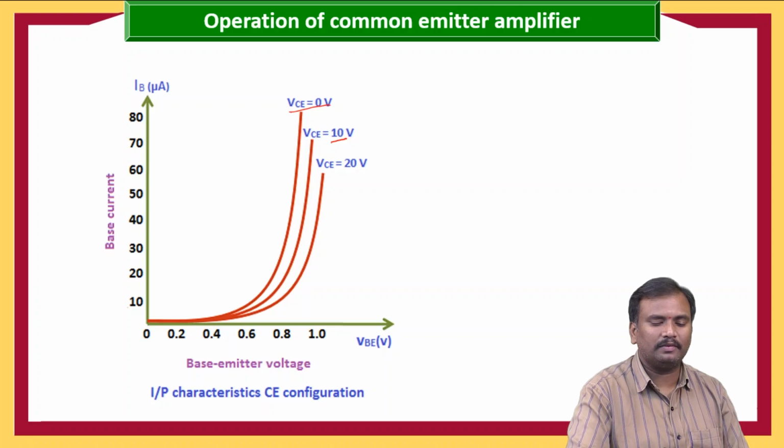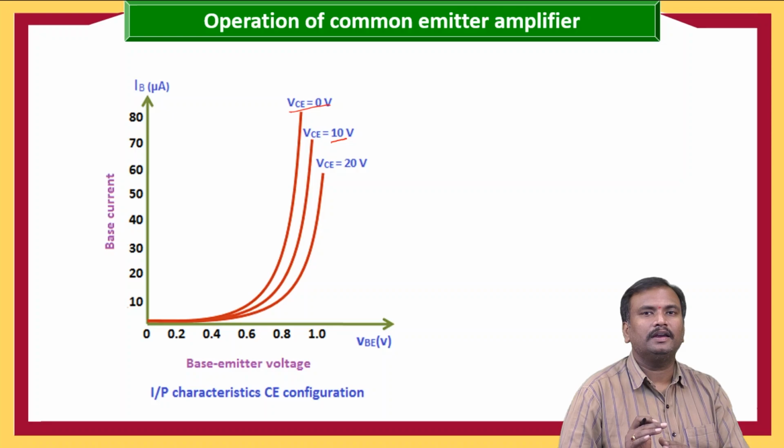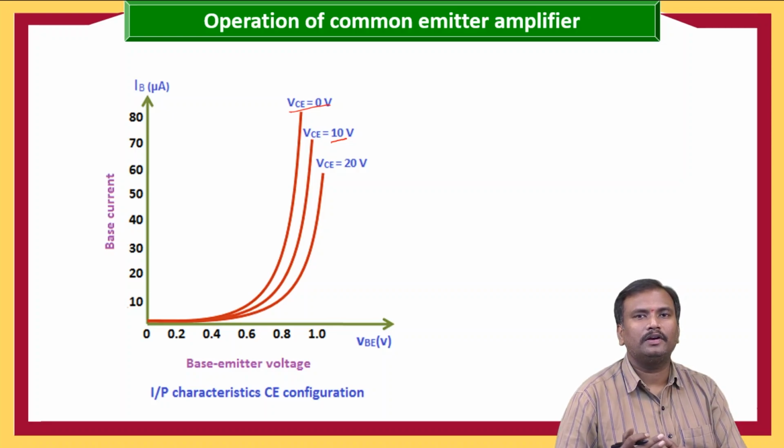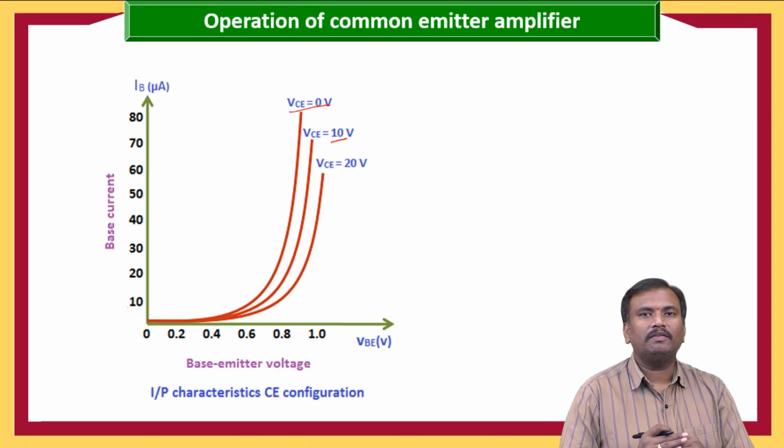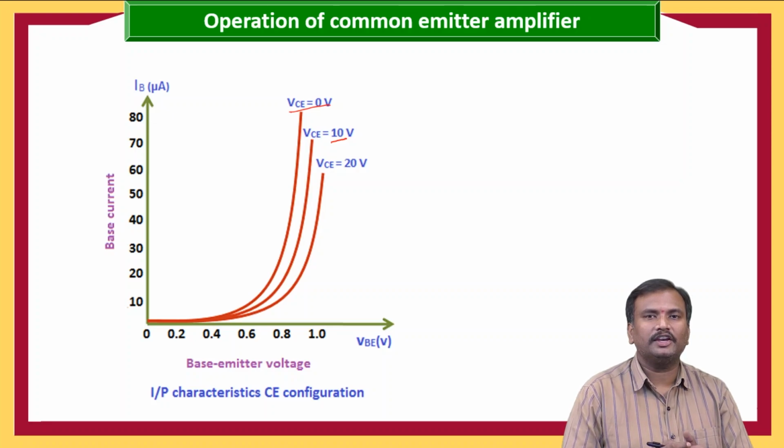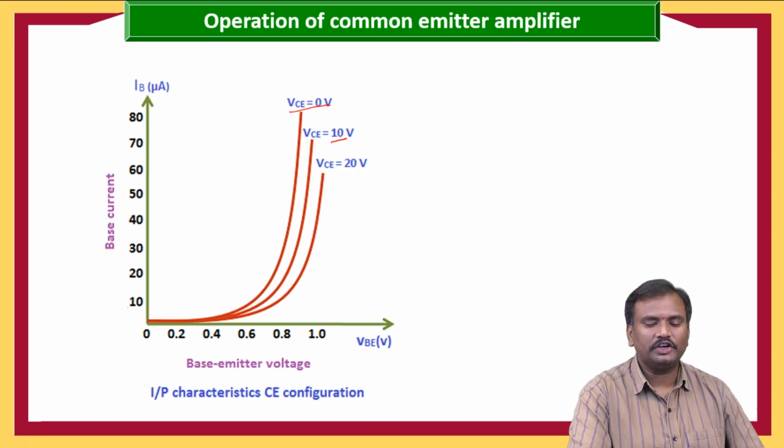A small change will be there in the characteristics because of the collector to emitter voltage. When there is an increase in the collector to emitter voltage, there will be a difference in the electron hole pair creation and electron movement, so we observe some change in the characteristics.